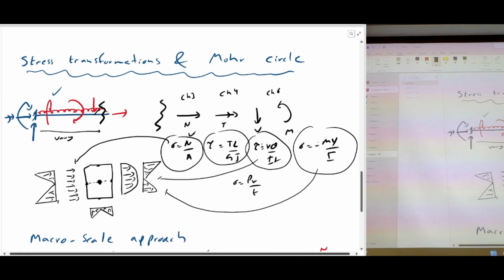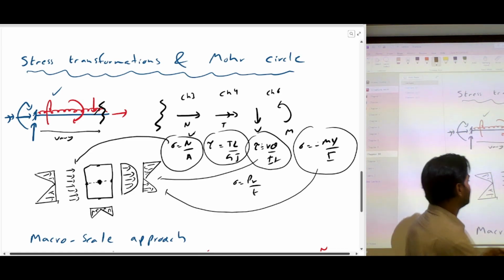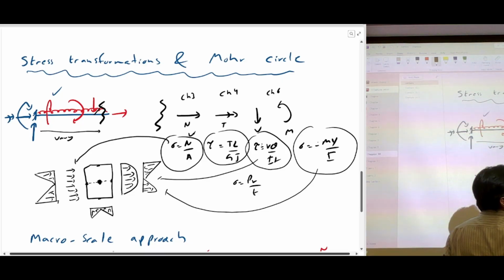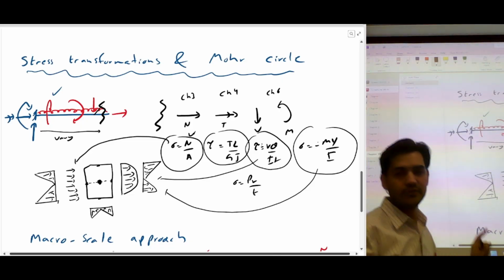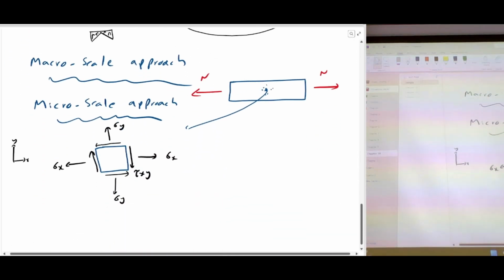Either you have normal stresses or you have shear stresses. So you can add the axial stresses together, the normal stresses together, the shear stresses together, and use these stresses and write them on a stress element.